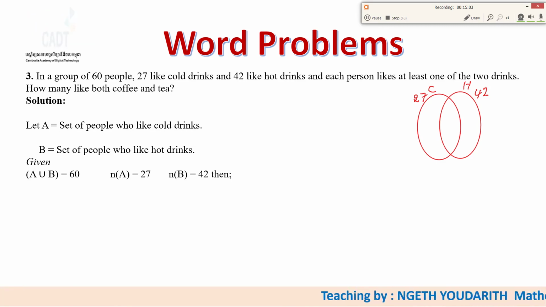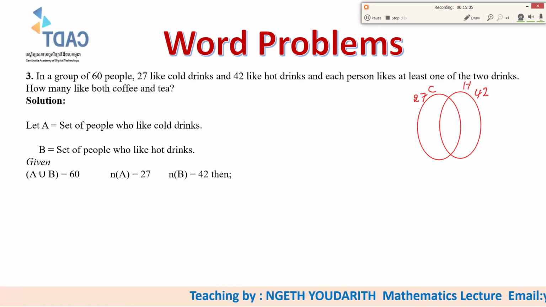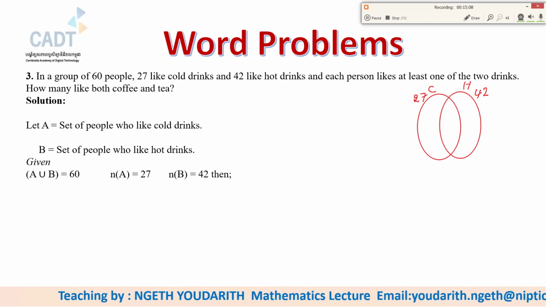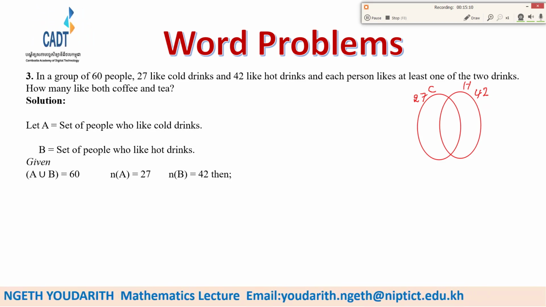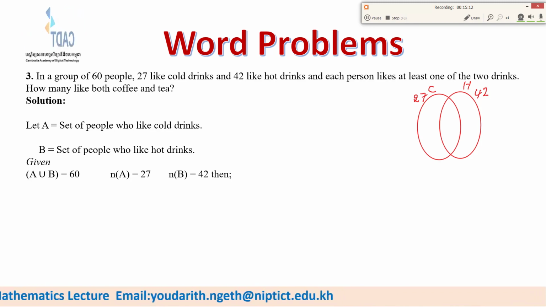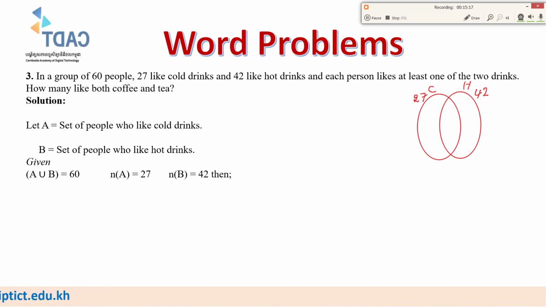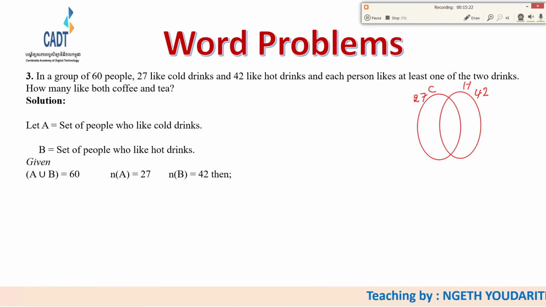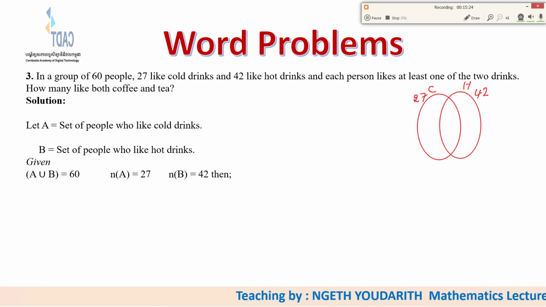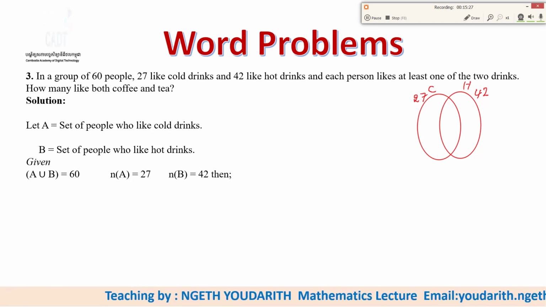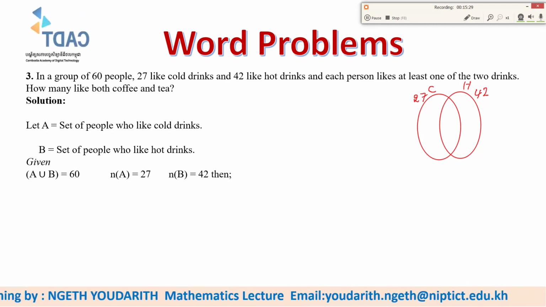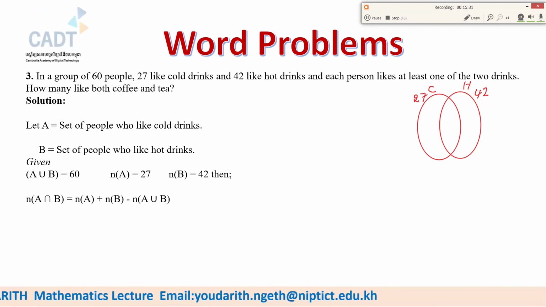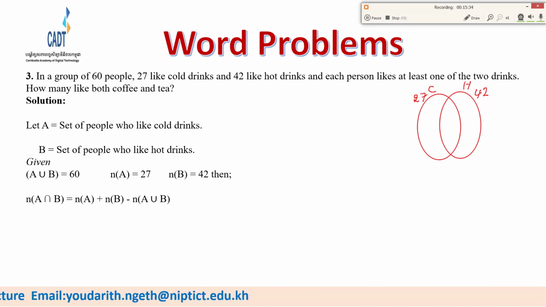So in a group of 6 people is the number of A union B. A union B is all 60 people, and NA is equal to 27 and NB is equal to 42.